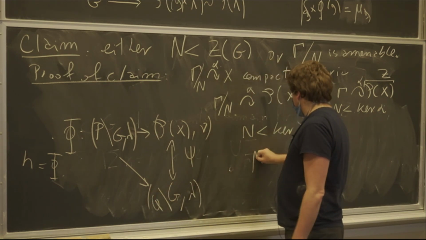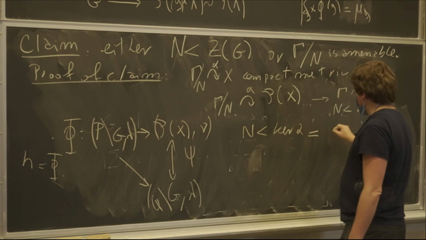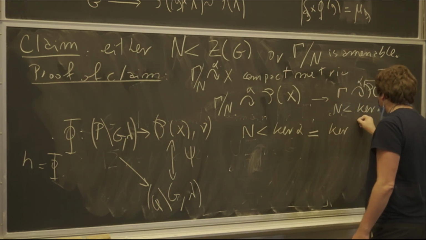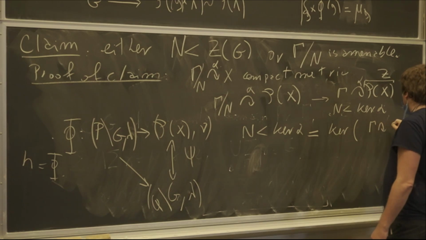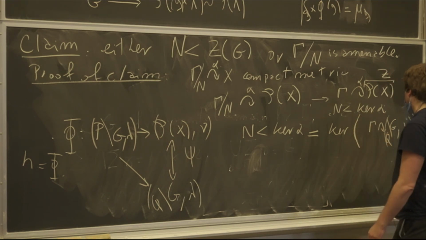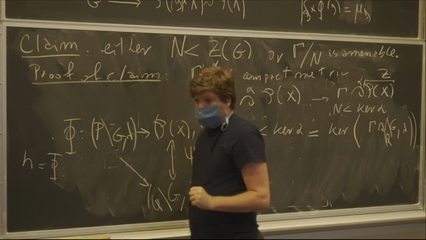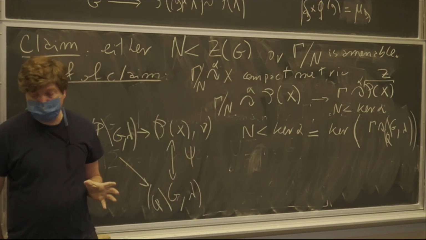So this is equal to the kernel of gamma acting on G mod Q with respect to lambda. We have to be a little bit careful here because everything is measurable. Here I'm thinking of this as a measurable action, an action by measurable maps.